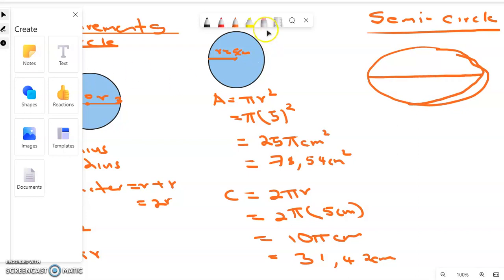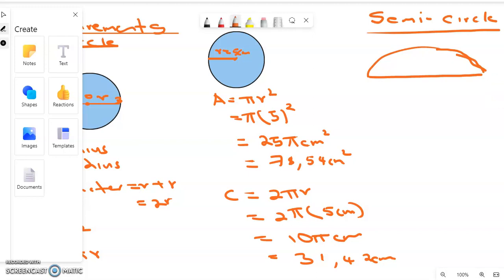This is a full circle, right? If we remove the bottom half, we are going to be left with this half of a full circle.